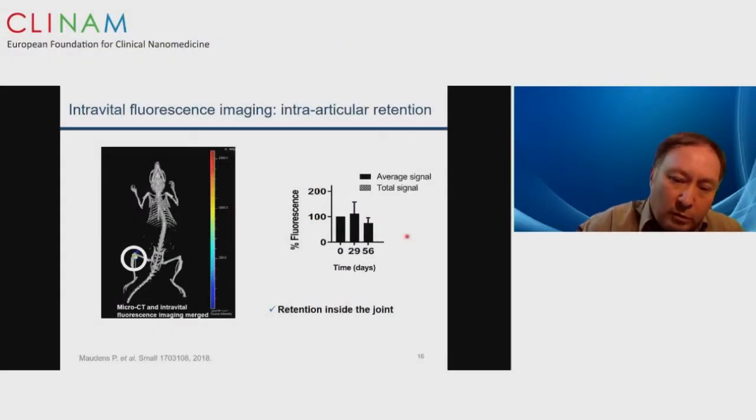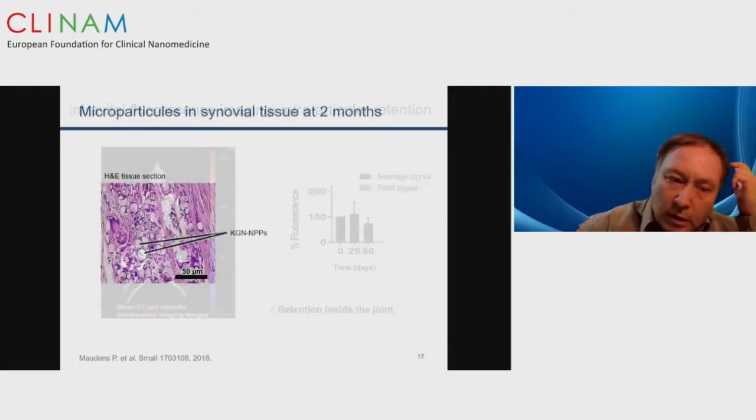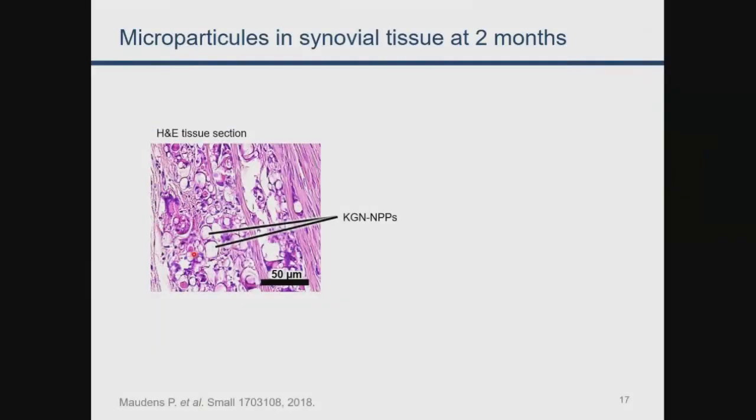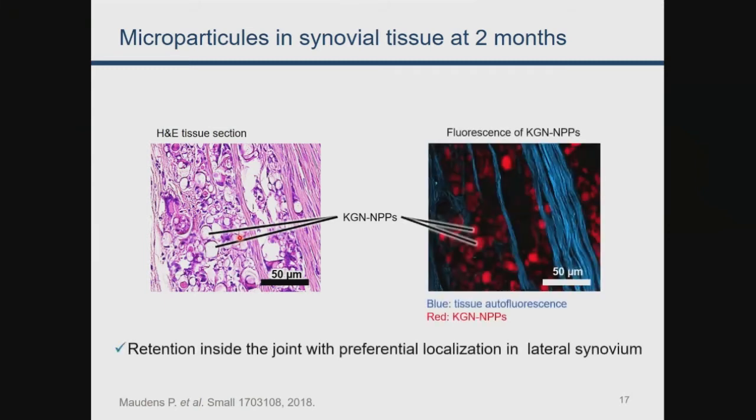And if we now make histological cross-sections to find the particles, we can observe those microspheres in HE classical histological sections. They are mainly observed as trapped in the lateral synovium. We know these are macroparticles because they are fluorescently tagged, and we can see on fluorescence the red dots corresponding to the particles. So a specific localization in the synovium of these large particles.